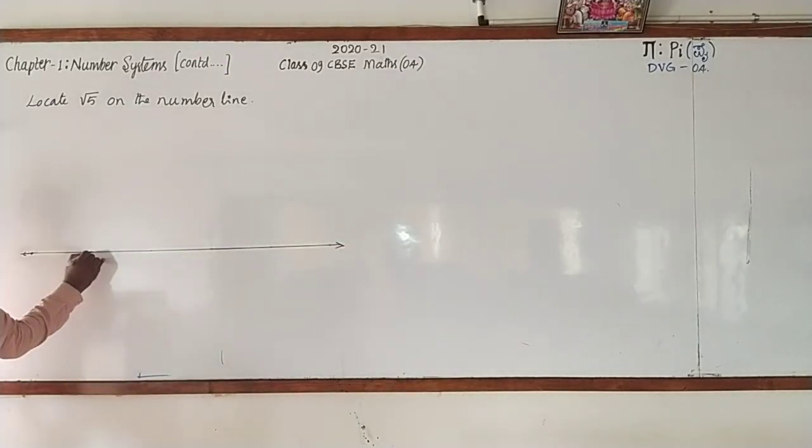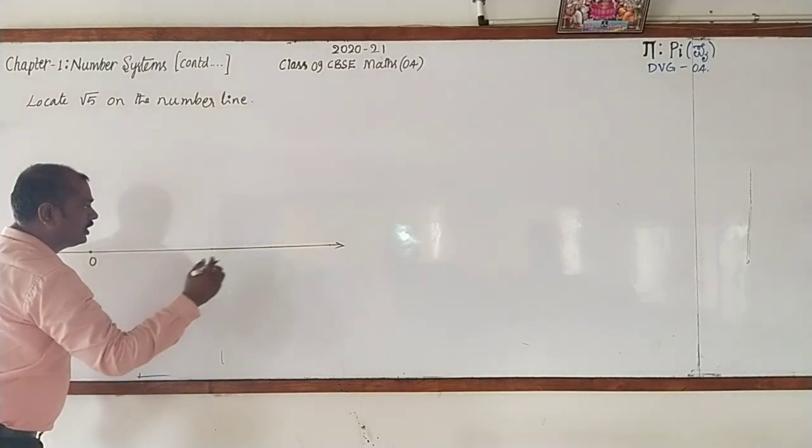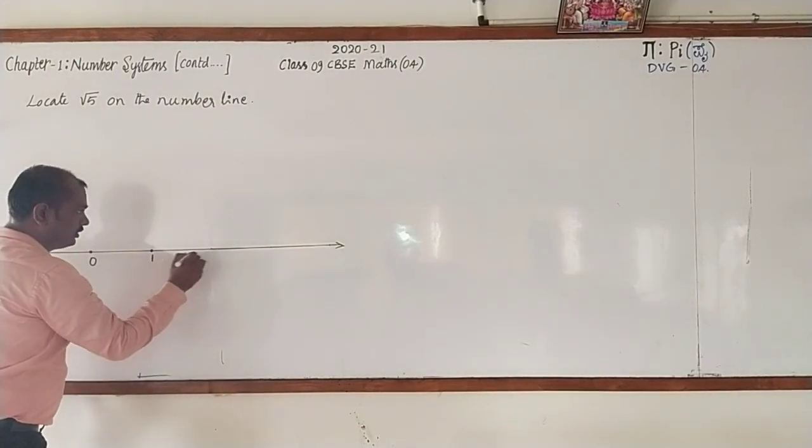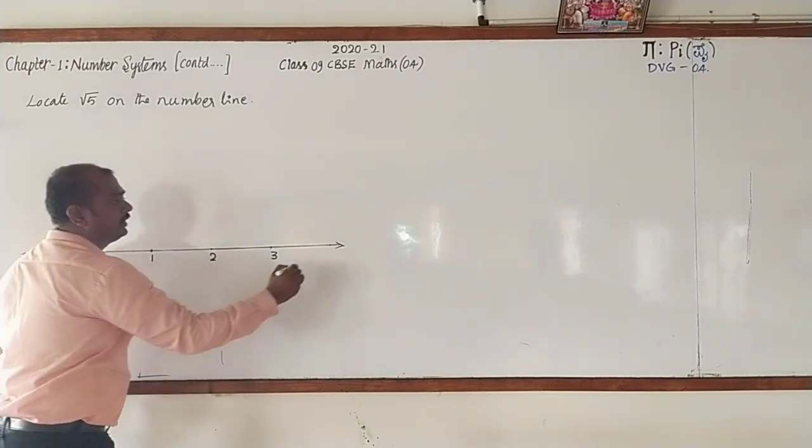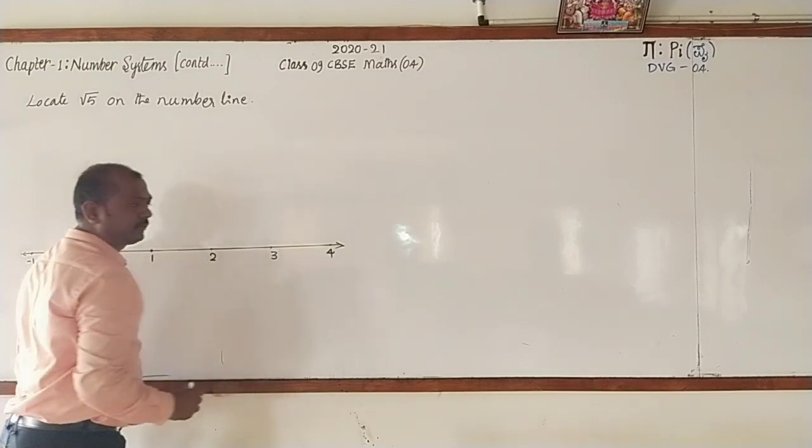I take this point as 0, this point as -1. That is, the left side of 0 is negative, the right side of 0 is positive. This is 1, this is 2, this is 3 and this point is 4.